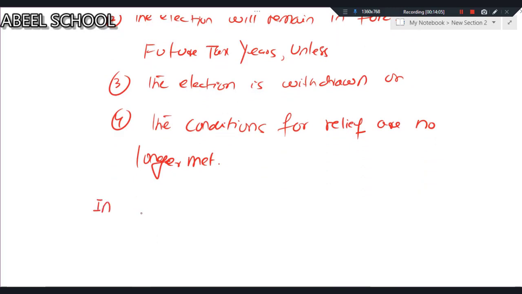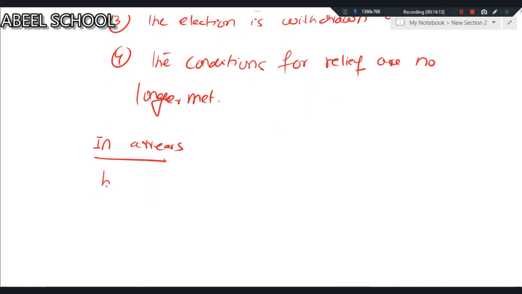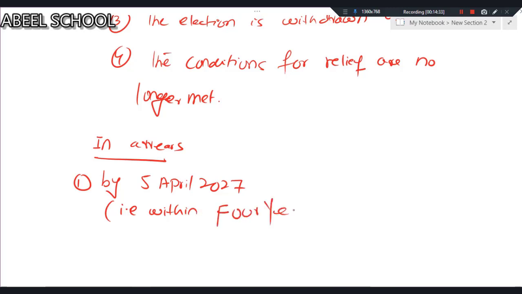If we make this election in arrears, let's see then what happens. By 5th April 2027, that is within 4 years of the end of the tax year.